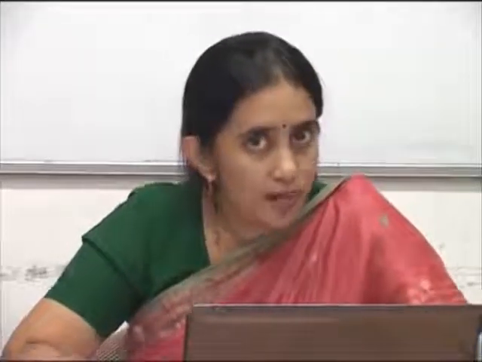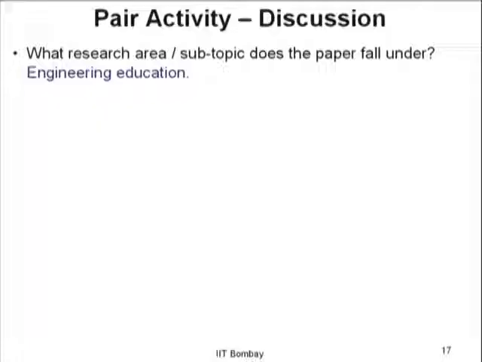What we will do now is discuss some of these questions. What you can do is compare your answers while we do the discussion. For example, what research area or subtopic does this paper fall under? This paper actually is an engineering education research paper.